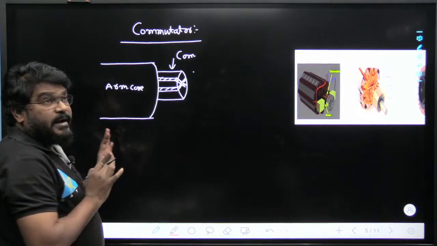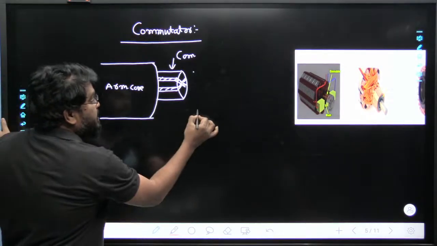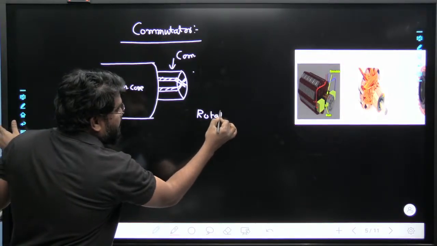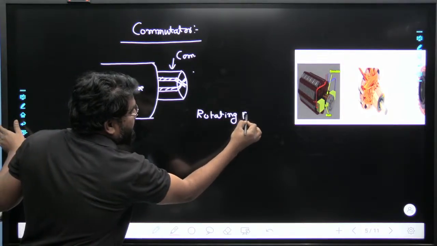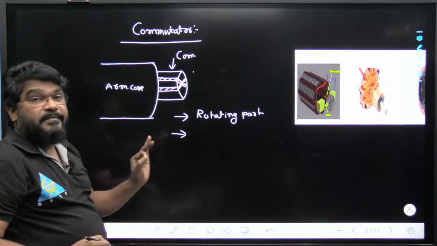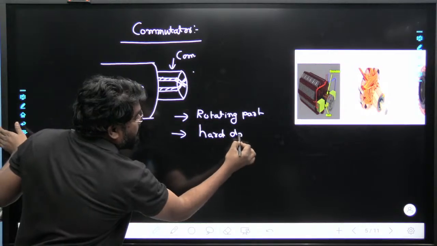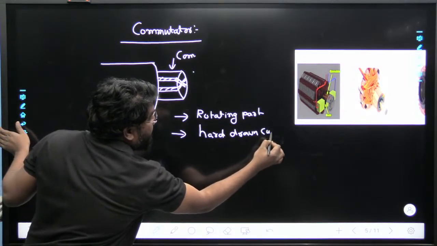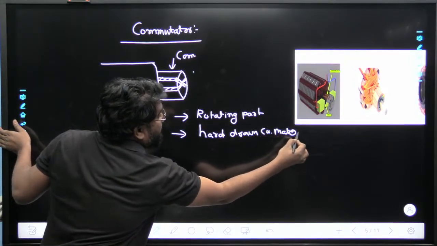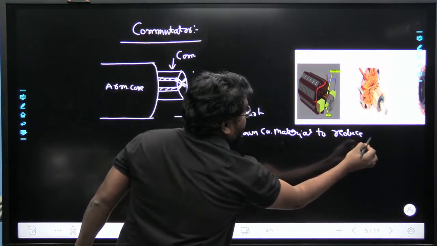The commutator is a rotating part of the DC machine. Second, it is made with hard drawn copper material, to reduce wear and tear losses.